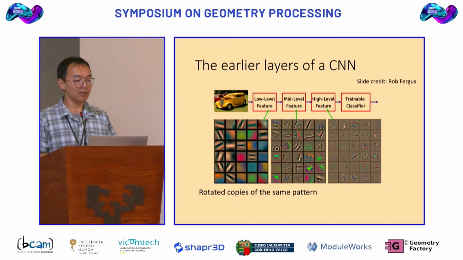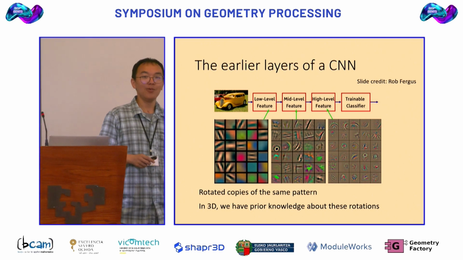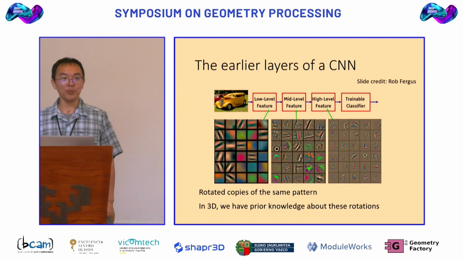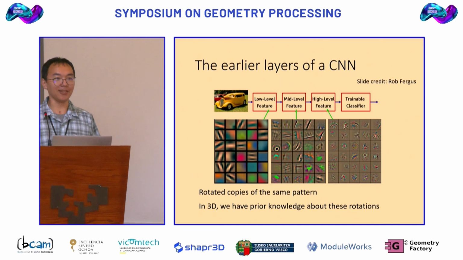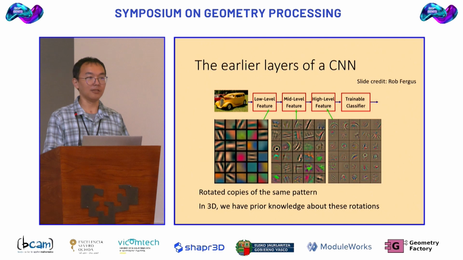Why? Because in 2D you actually don't know what those rotations should be. It's very complicated. But in the 3D domain, we have knowledge of the normal and principal directions. We have very strong prior knowledge about the underlying rotation, the coordinate frame.